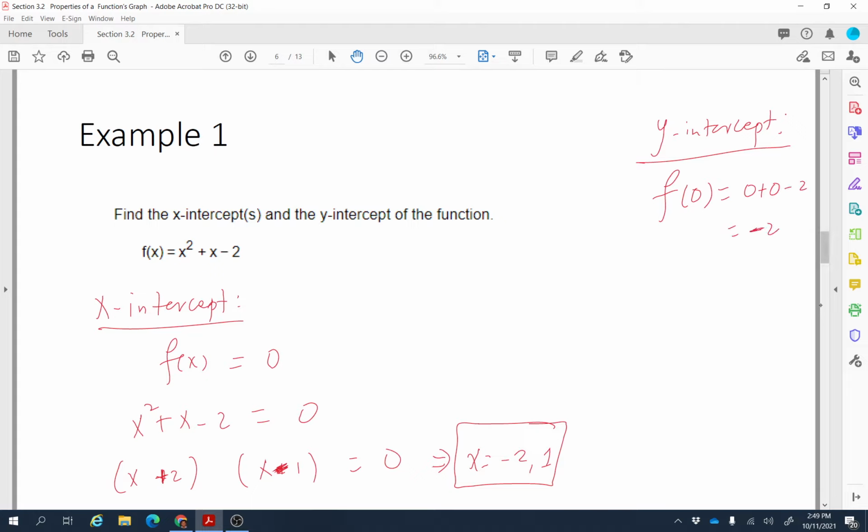So if we plot a graph for this function, the graph is going to intersect with the x-axis at -2 and at 1. Similarly, the graph is going to intersect with the y-axis at -2 on the y-axis. So at the point 0 comma -2, and here these are -2 comma 0 and 1 comma 0. These are the 3 points.